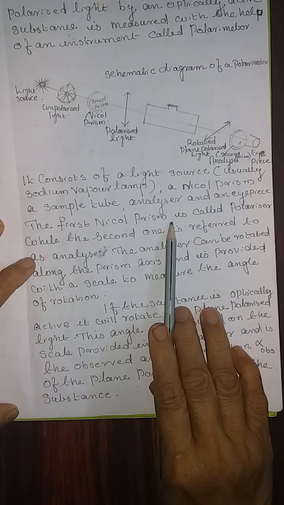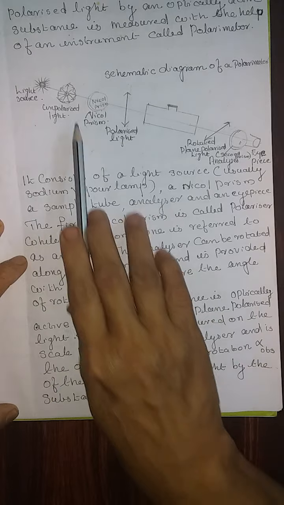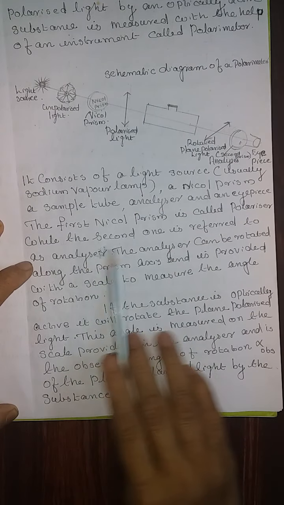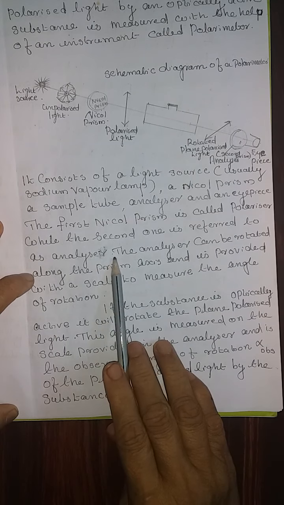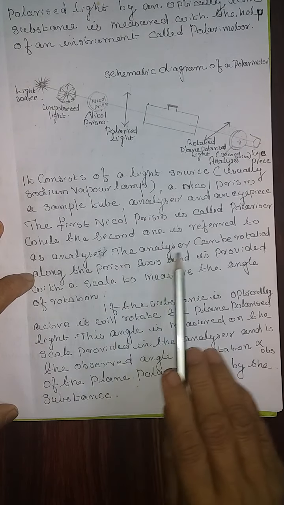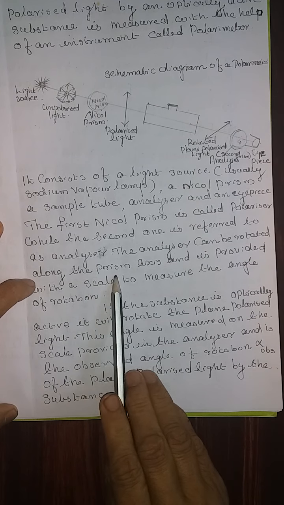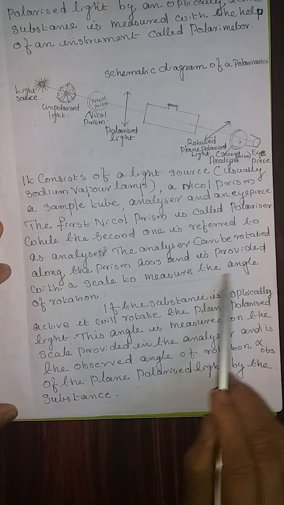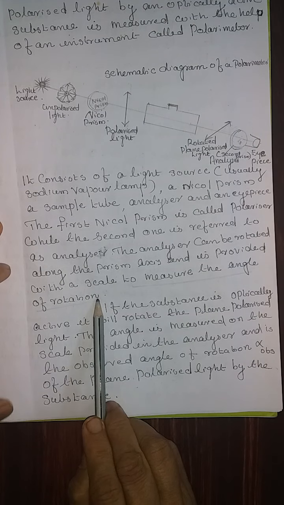The first Nicol prism is called polarizer, while the second one is referred to as analyzer. The analyzer can be rotated along the prism axis and is provided with a scale to measure the angle of rotation.